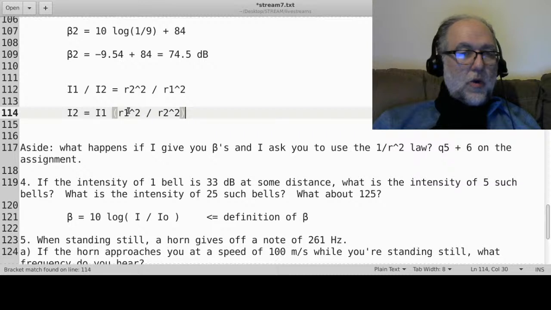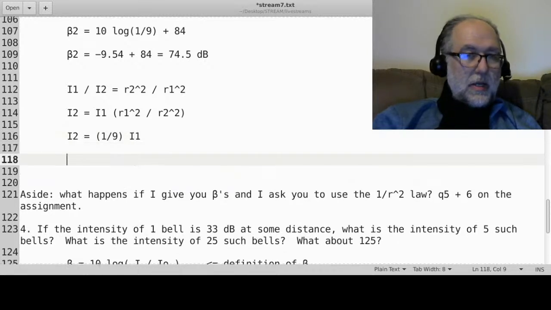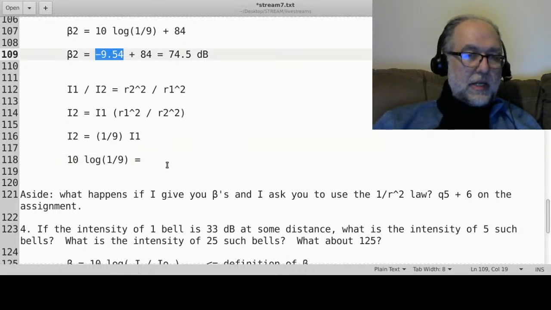Then you plug in for your R's, and this gives you that I2 is equal to 1/9 times I1. Then you go, oh, wait a sec, all I have to do is really calculate 10 log of 1/9, and that's equal to this number here because I just did it.